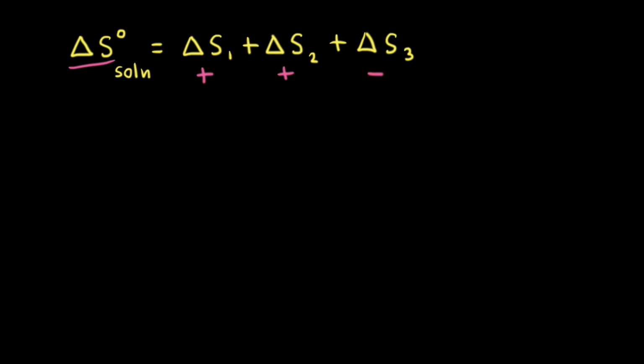Therefore, just like we saw for delta H naught, the sign for delta S naught depends on the magnitude of delta S1 plus delta S2 compared to delta S3. If delta S1 plus delta S2 is greater in magnitude than delta S3, delta S naught of solution will be positive. However, if the magnitude of delta S3 is greater than the magnitude of delta S1 plus delta S2, delta S naught of solution will be negative.